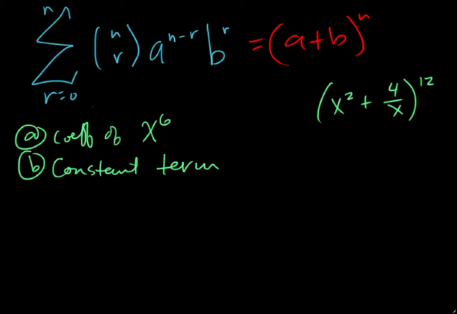So what we're going to do, we're going to write down our A value, which is x squared, our B value, which is 4 over x, and our N value, which is 12.